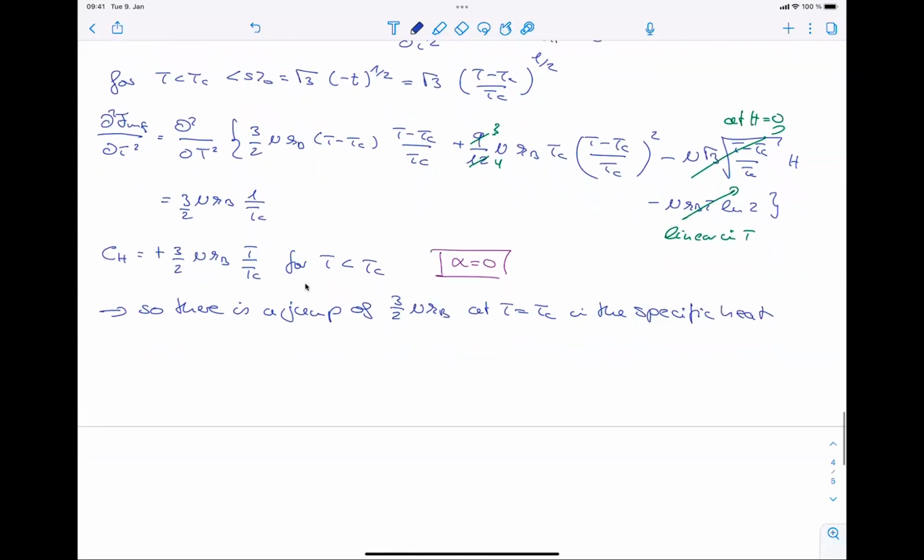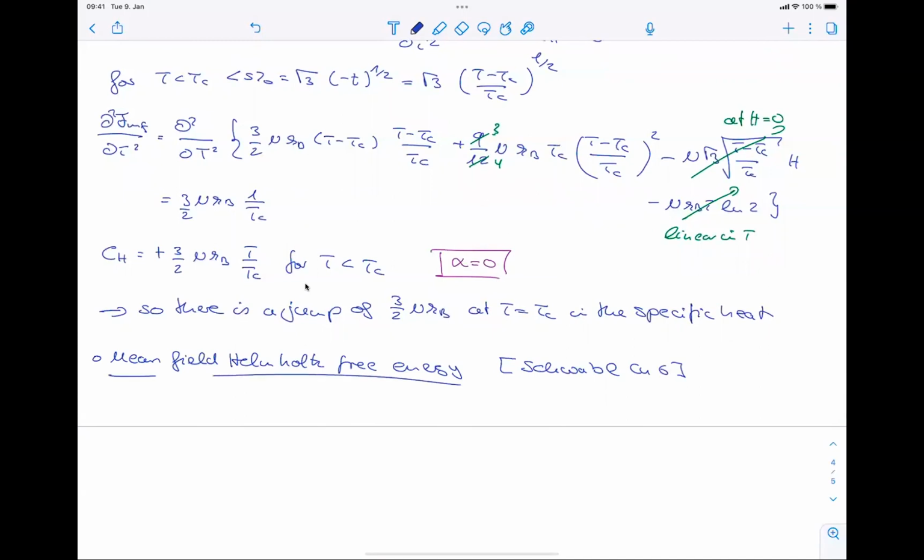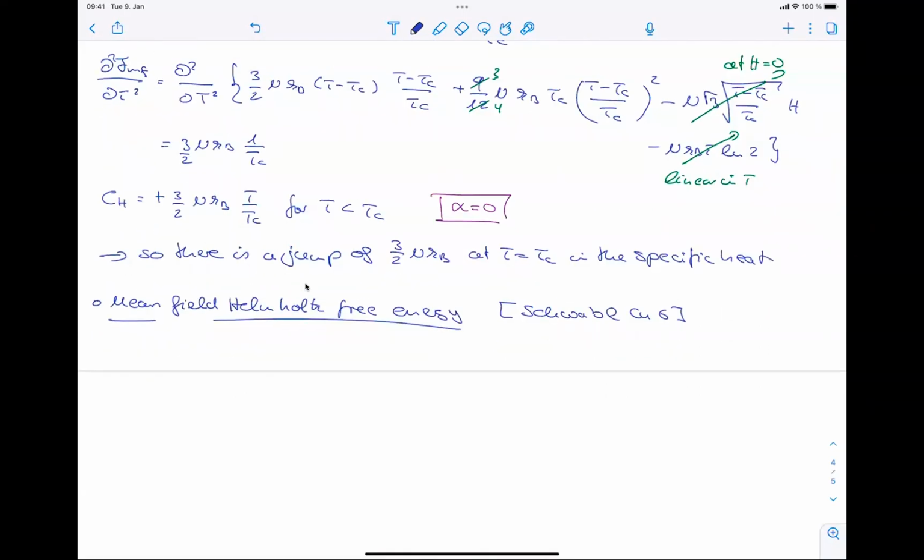And so we turn to the mean field Helmholtz free energy here, following Schwabl, chapter 6. The mean field Helmholtz free energy, which goes with the letter A, is defined as the free energy plus magnetization times applied field.